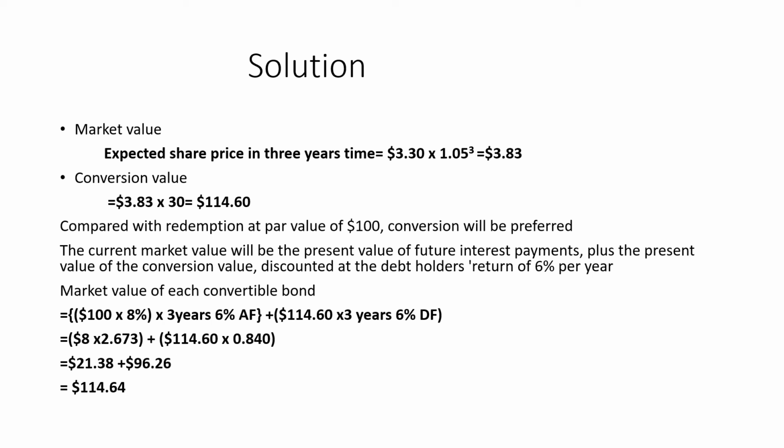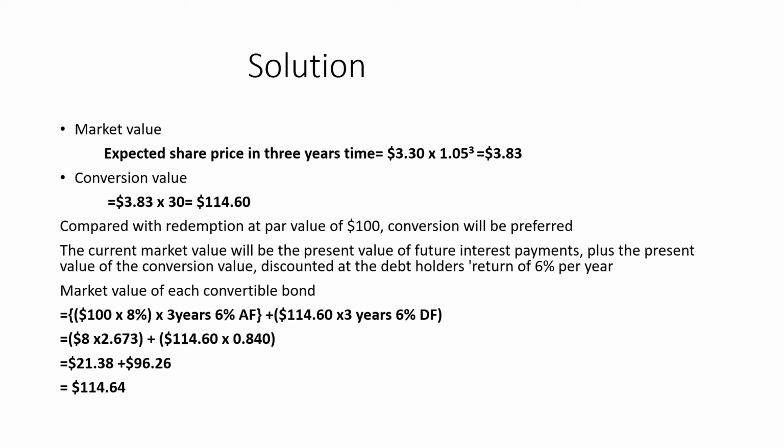In the question it is expected that there would be a 5% increase in the share price, and the current price is 3.30. We multiply it by 1.05 to the power 3 in order to get the share price after 3 years. So we'll get 3.83.